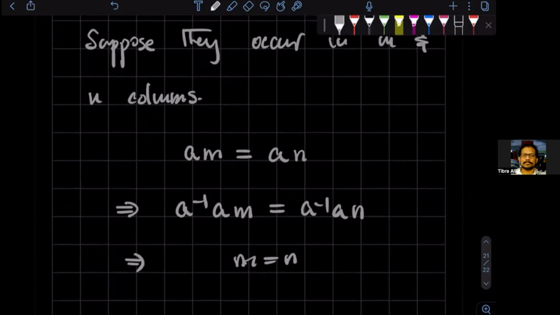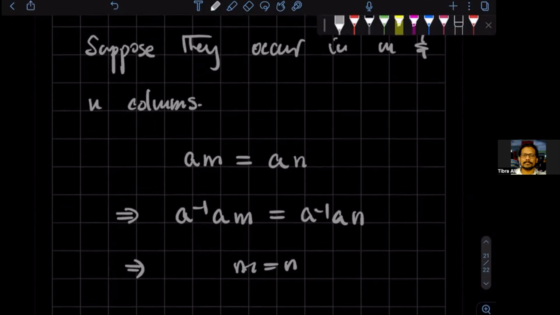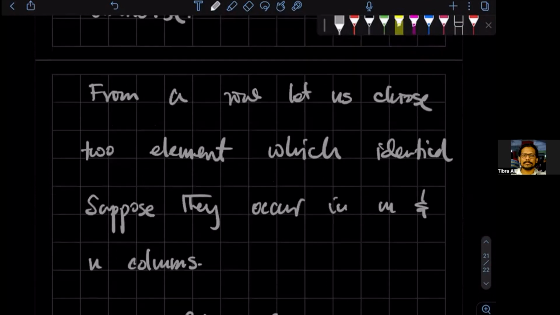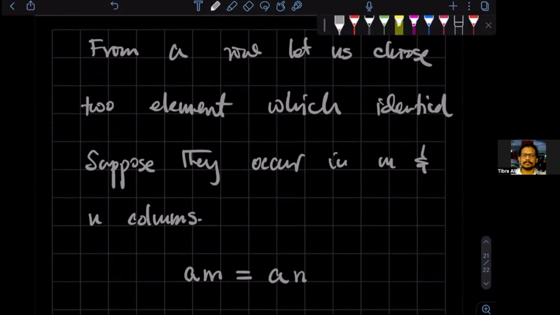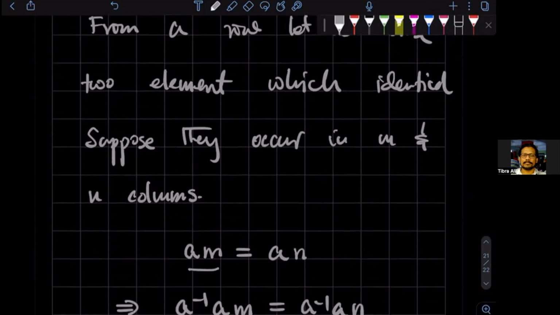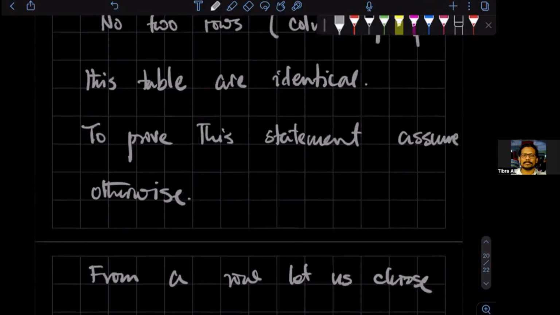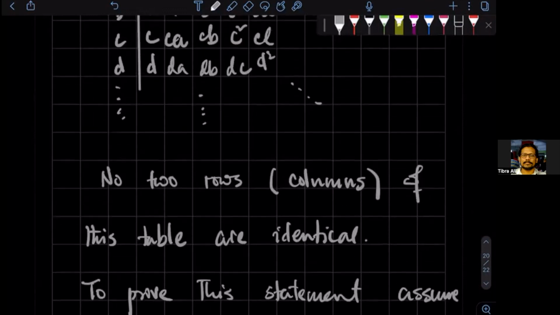So we see that M and N are the same column, which means they're not from different columns, right?